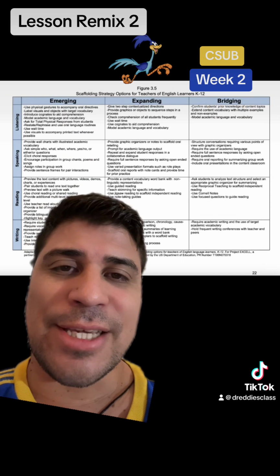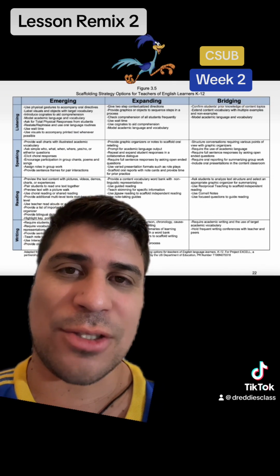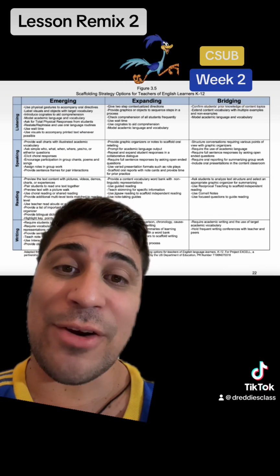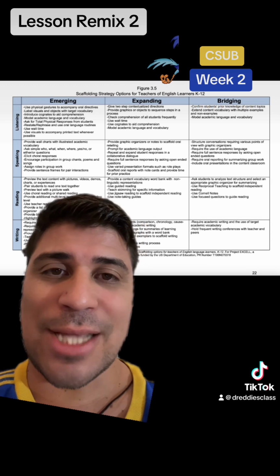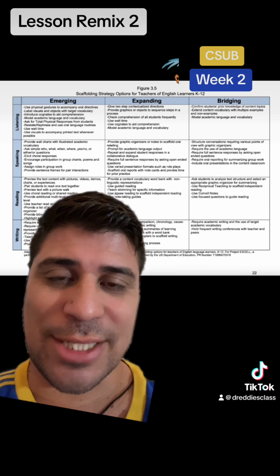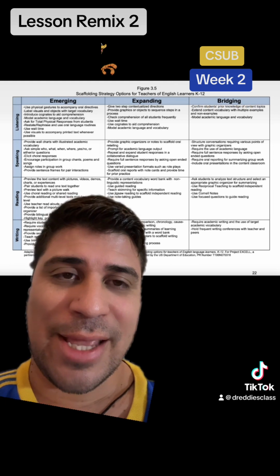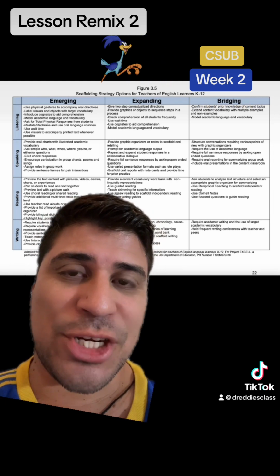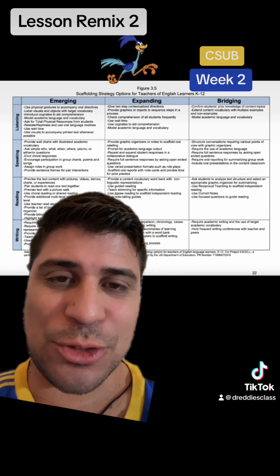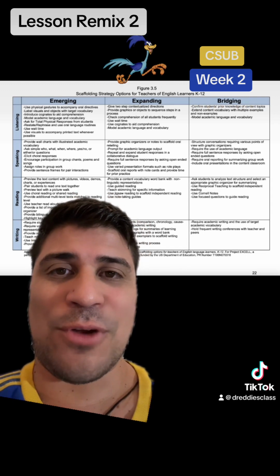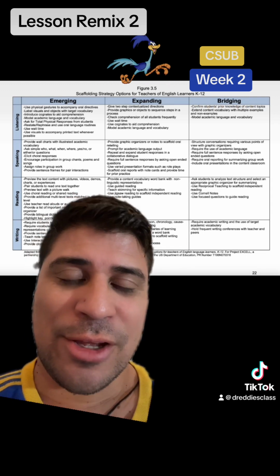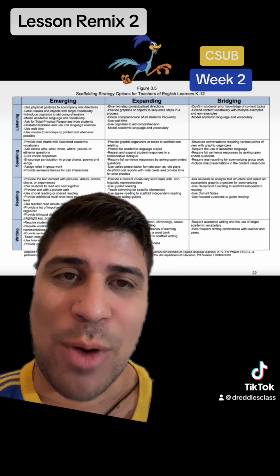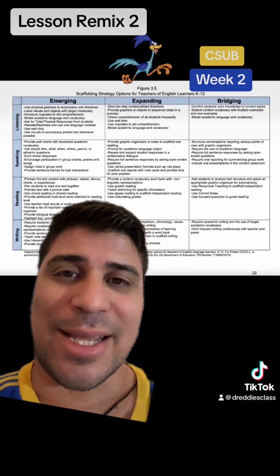And so you're going to see different strategies that might fit across all 3 of the columns, but they're very different in their implementation. For example, you might see in emerging that it will say structuring conversations, and then you might see that same language in bridging, but you're also going to notice that the level at which you structure them is very different. If you're working with an emerging student, you would be asking a lot more who, what, when, where, why questions and accepting short answers.